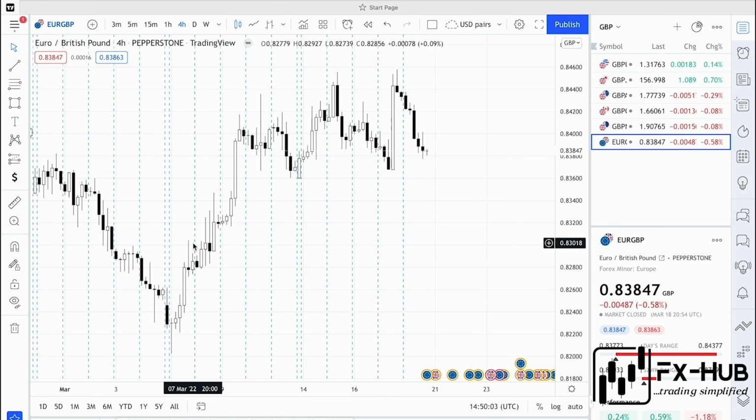Are you getting it? So on the left is euro, on the right is pounds. But for me to get €1, I should look at the price by the right.